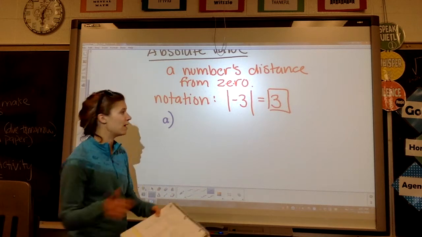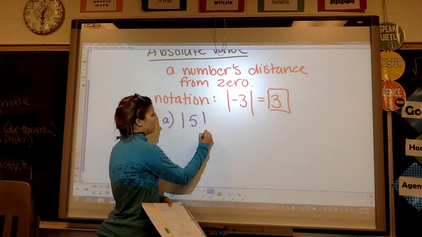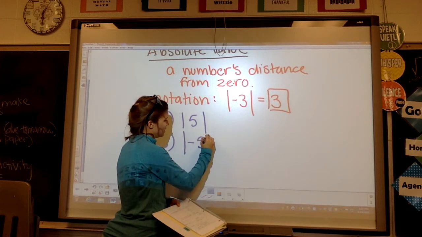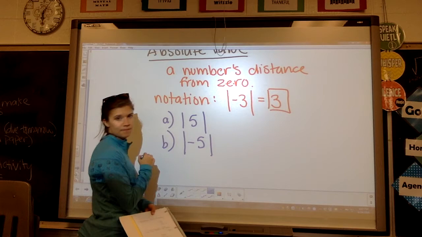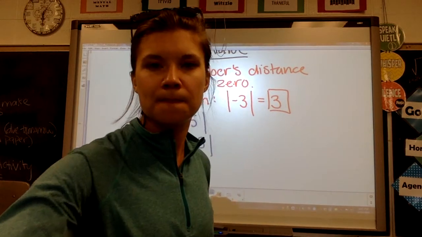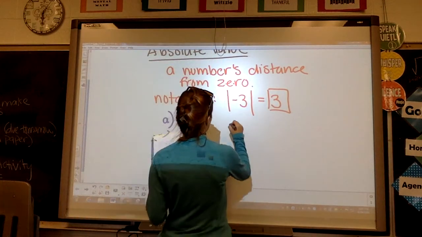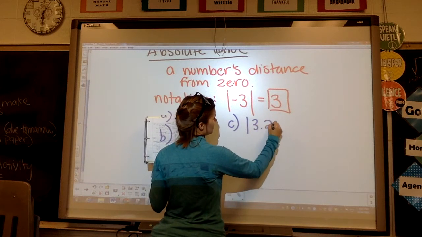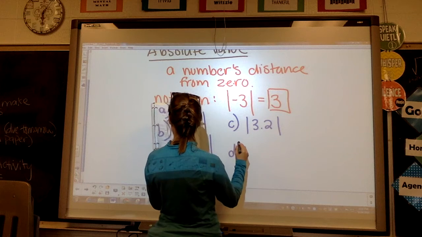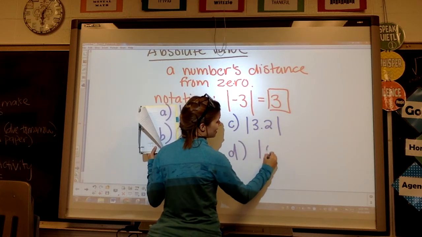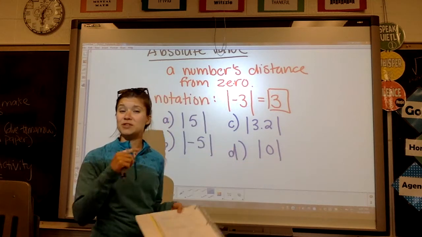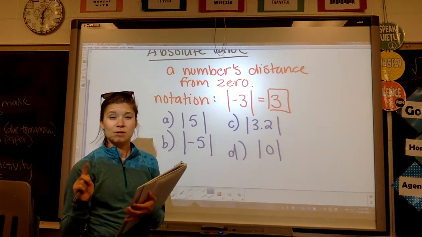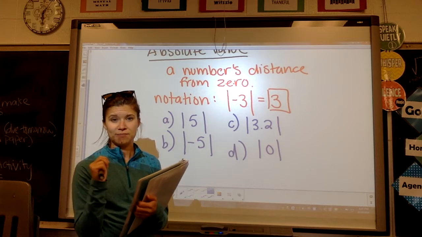So first I want you to try the absolute value of 5, the absolute value of -5, try the absolute value of 3.2, and this one's kind of tricky, the absolute value of 0. But if you think about the definition, that one's not too hard, okay? All right, do that, push play when you're done.